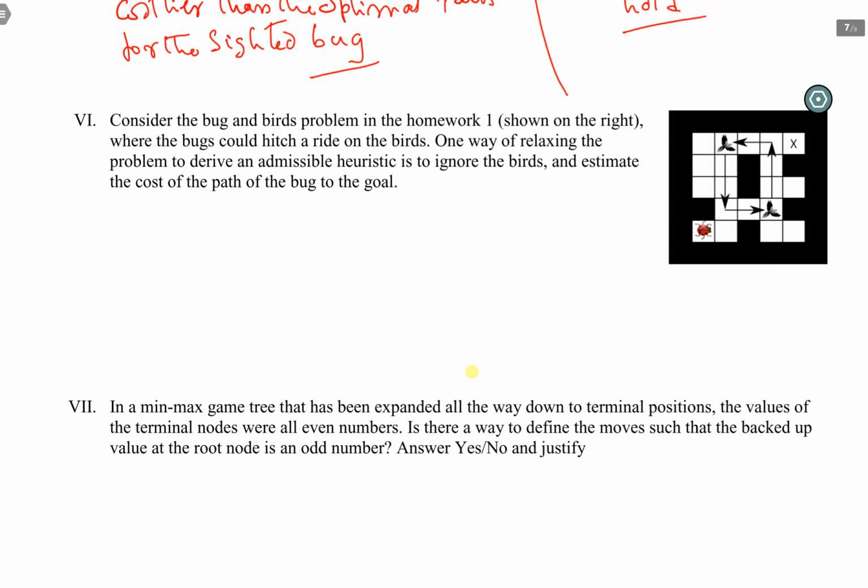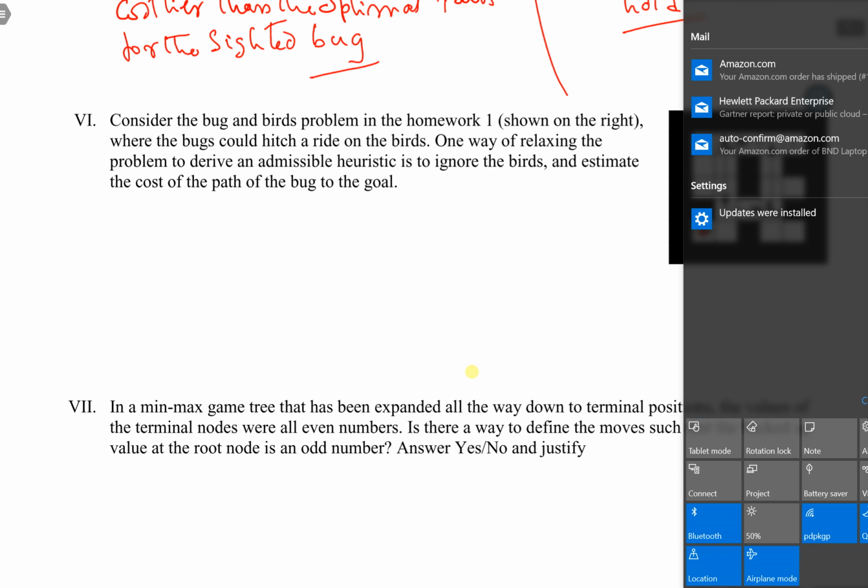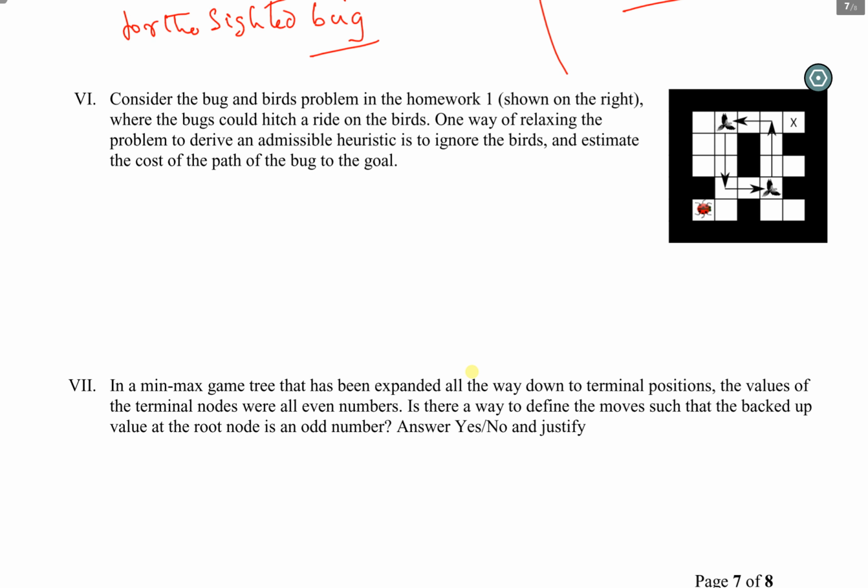Okay, so now we are going to do the next problem, sixth problem. Here the interesting question is that you're asking if you remove this bird from the consideration, then would it be an abstraction?